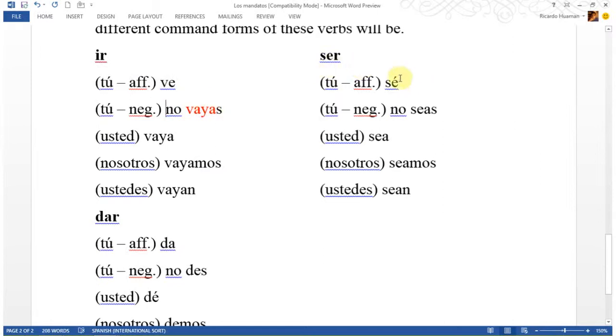Ser, we already saw the affirmative command for these two, but I put it there again. And then same thing as over here, you can figure out the pattern once you know one of these. Seas, sea, seamos, sean.